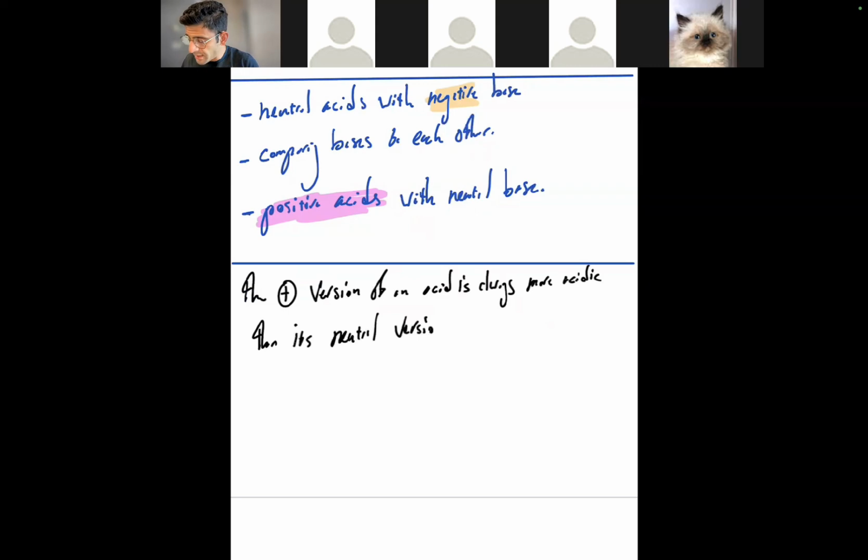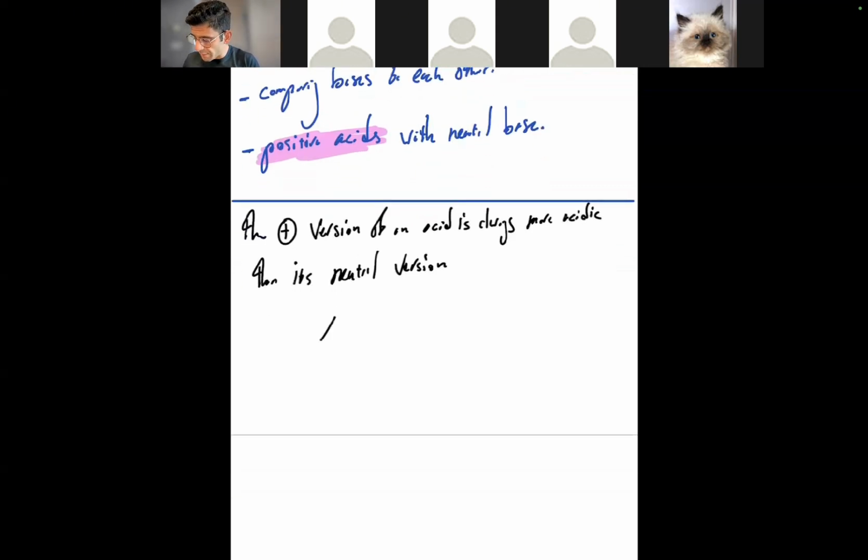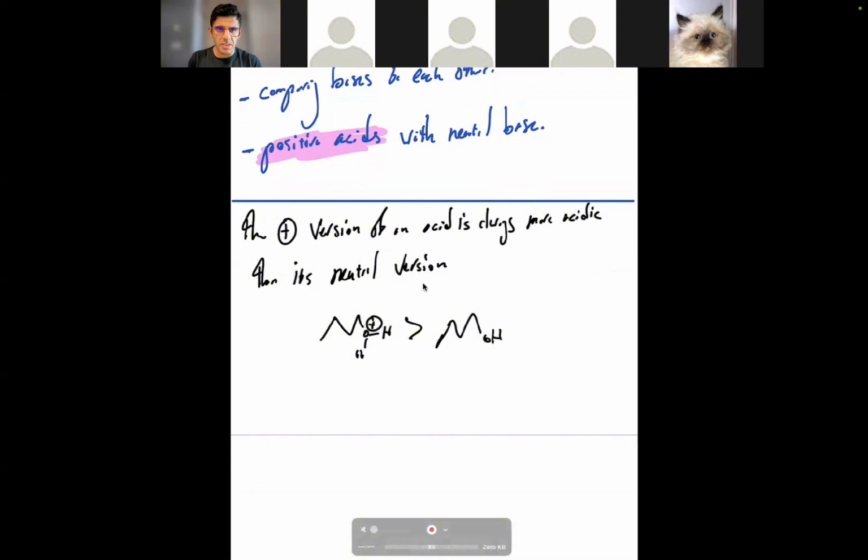You see, I didn't say any positive acid is more acidic than any neutral acid. I said the proton version of the same acid is more acidic. Like, for example, this is more acidic than this. Of course, this is an example, but the pKa of this one is 16, this one is minus 2. But this applies for any example.